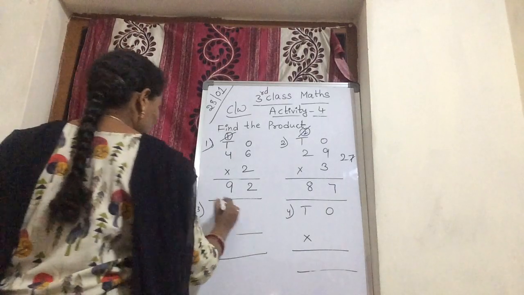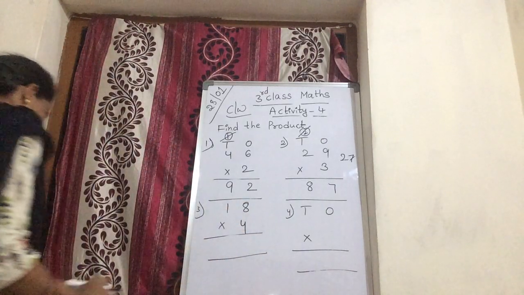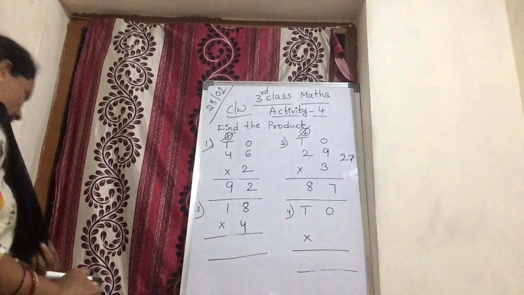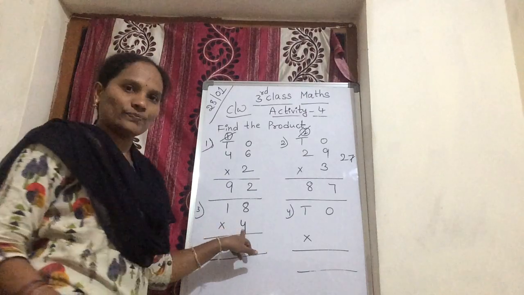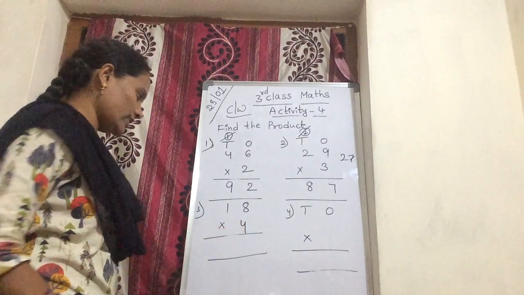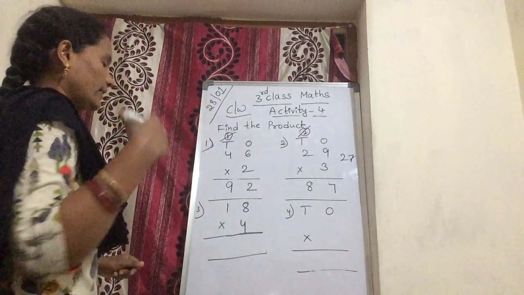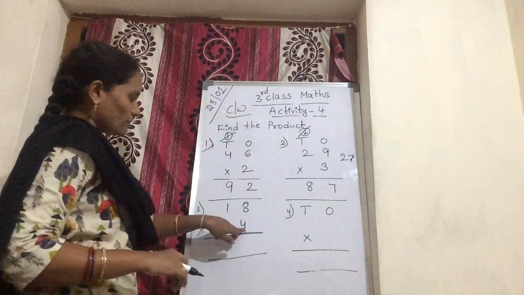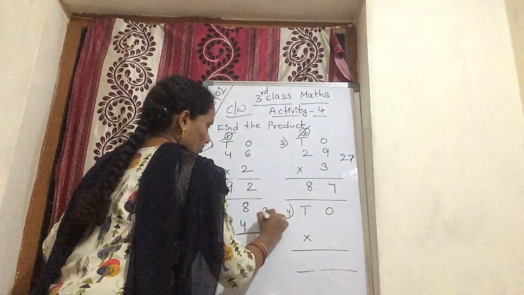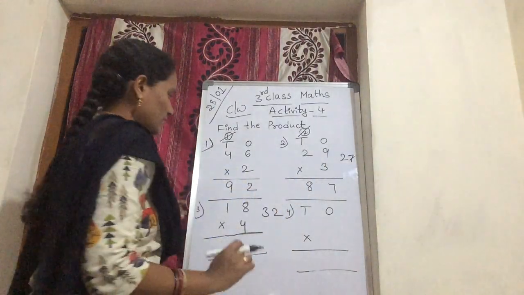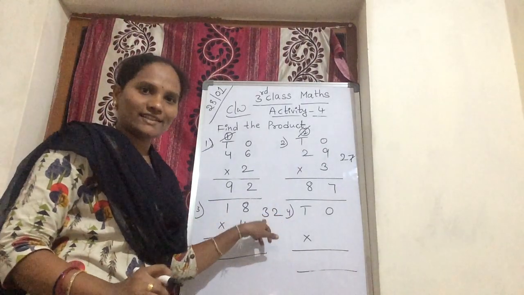Now next one more. 18 into 4. Okay children, now read the 4 table. 4 8s are how much, children? Read it loudly. 4 8s are 32. In 32, same as before, follow that. In 32, 2 is the ones, 3 is the tens.